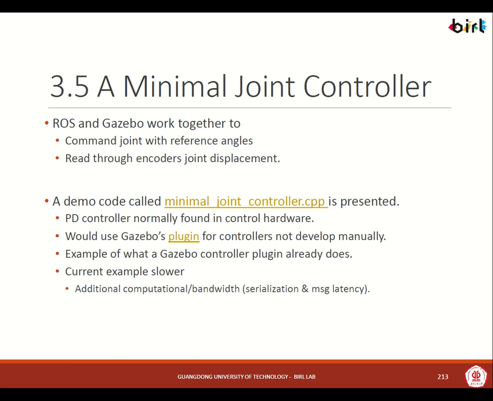For example, serialization. What does serialization mean? When you publish a topic, you put data into the messages and then you publish them, right? That part there has some computation. It also slows you down. So this is extra compared to the plugin.